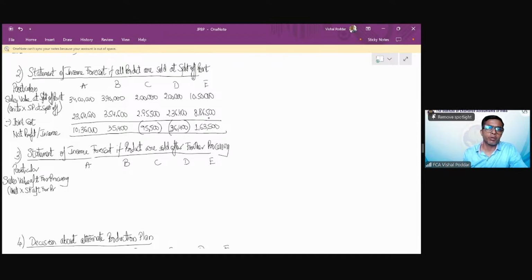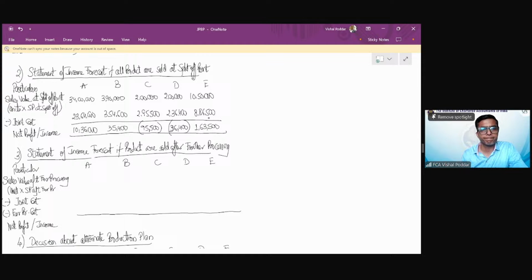Now from this you have to deduct the total cost. Now firstly you have already incurred joint cost, and also for doing further processing you have to incur the further processing cost as well. So I will deduct that cost also, because that is my cost till further processing. Then I will get my net profit or the income.